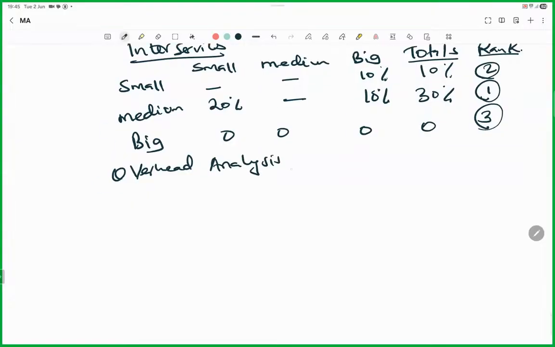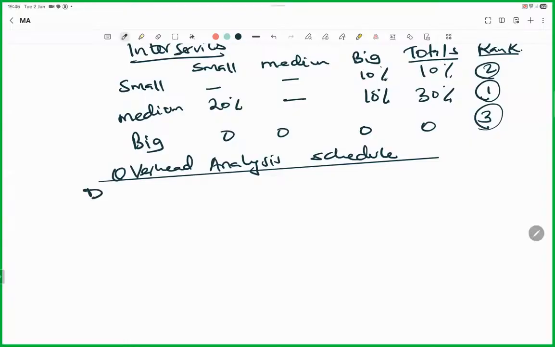So once you have done that, now you can give us what we call the overhead analysis schedule. You start by giving us all the departments that you have, production and service.